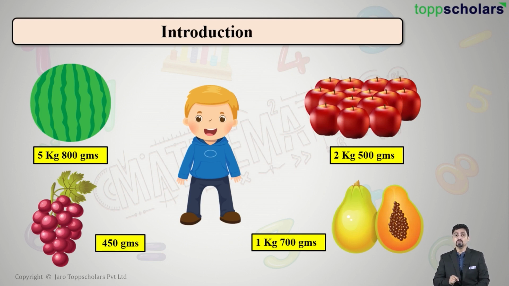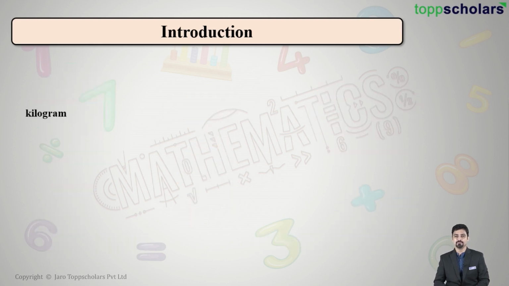For this, we have to convert each weight into a single unit. Let us learn about conversion of units. To convert from kilograms into grams, what shall we do? We'll multiply by 1000.